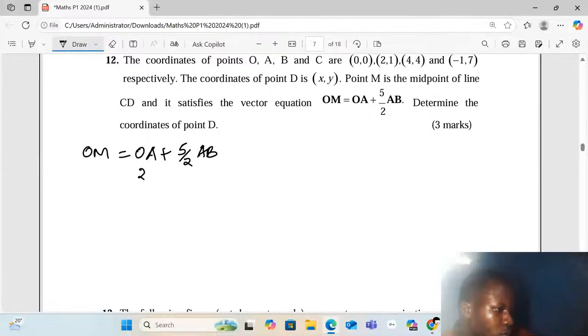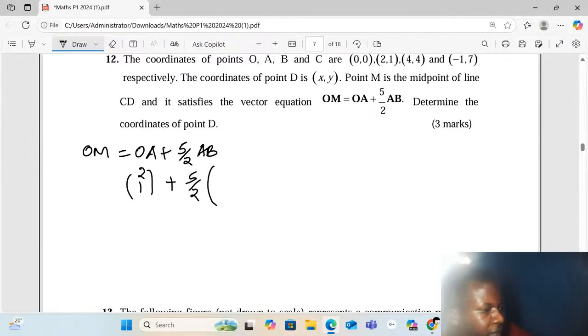So we have 2, 1 plus 5 over 2 AB. B is 4, 4 minus A. To get the coordinates of AB, you're going to get 4 minus 2, then 4 minus 1. So that is B minus A to get AB.